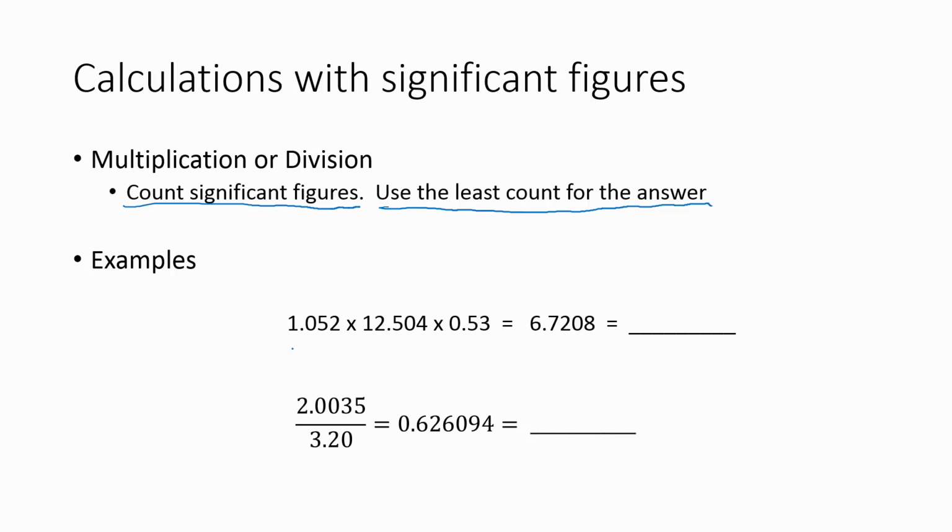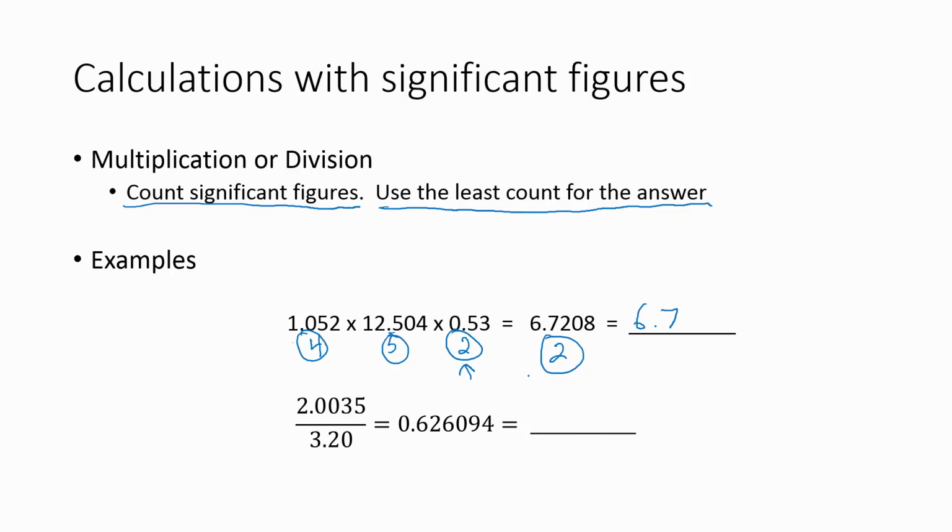So for instance, if we have 1.052 times 12.504 times 0.53, what we have is 4 digits, 5 digits, and 2 digits. So this answer is going to have to get rounded to the least of that, or 2 digits.